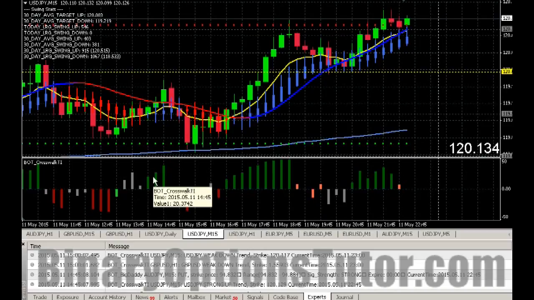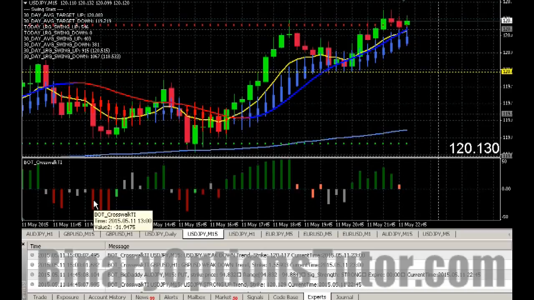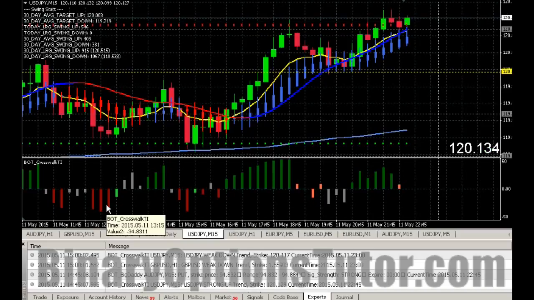This is a new indicator that we call the crosswalk indicator. What this indicator does is it's color coded, and it gives you a very dynamic, let's say, interpretation of the trend on the smaller wave form.